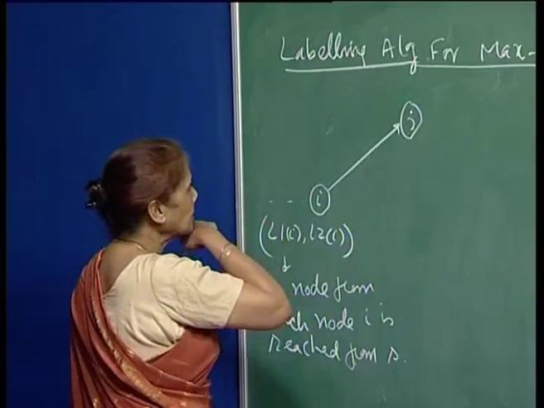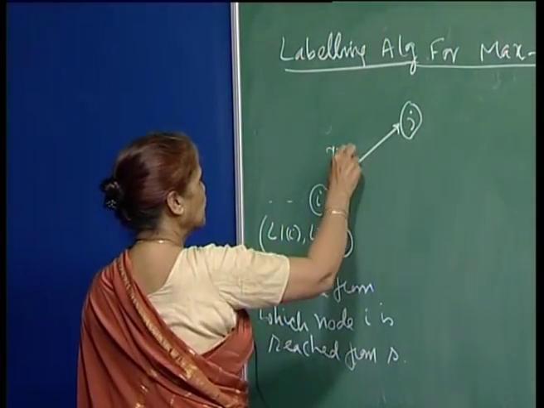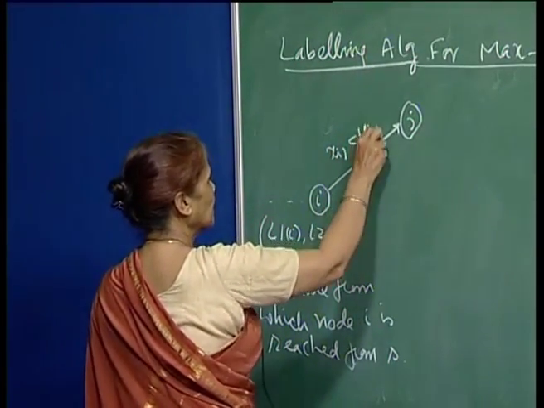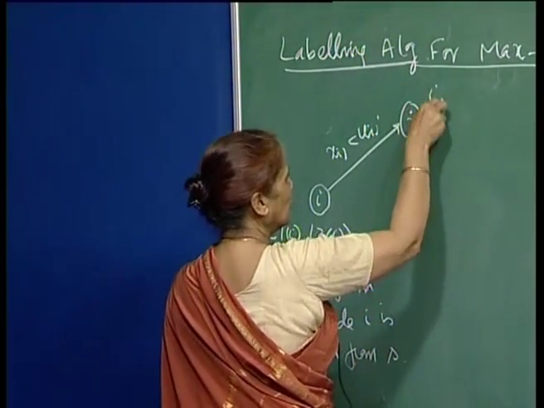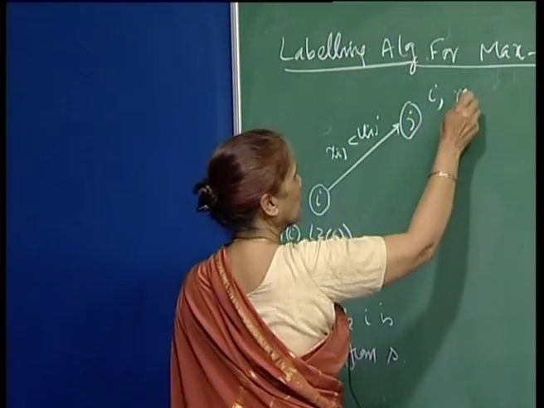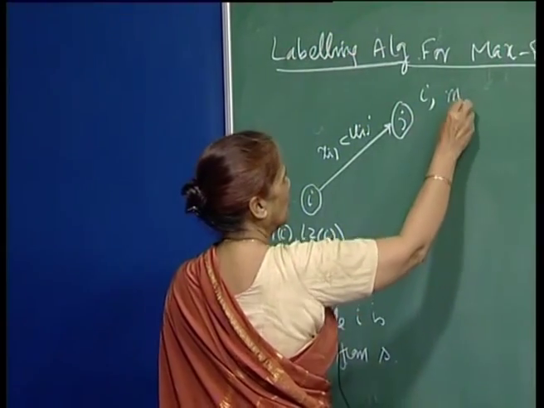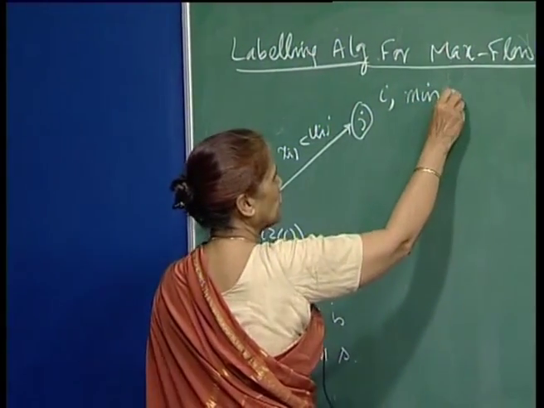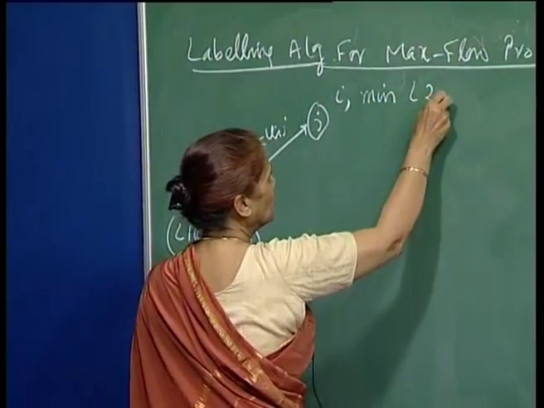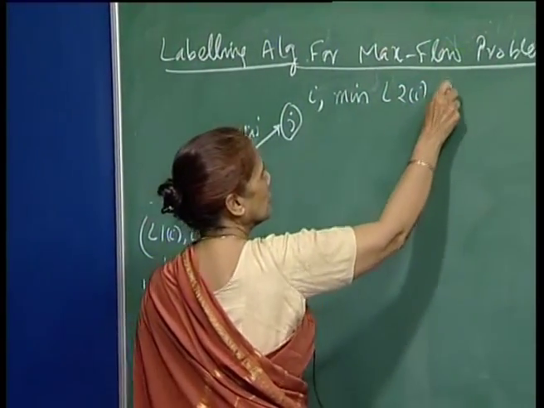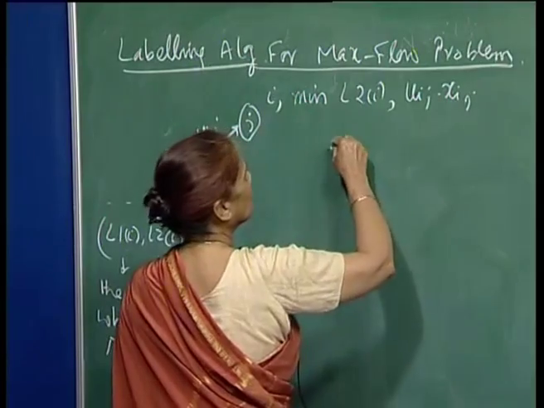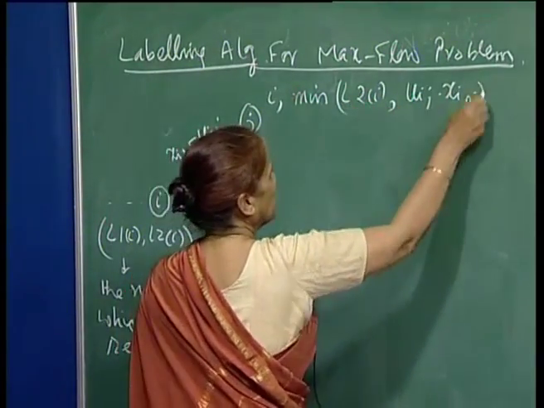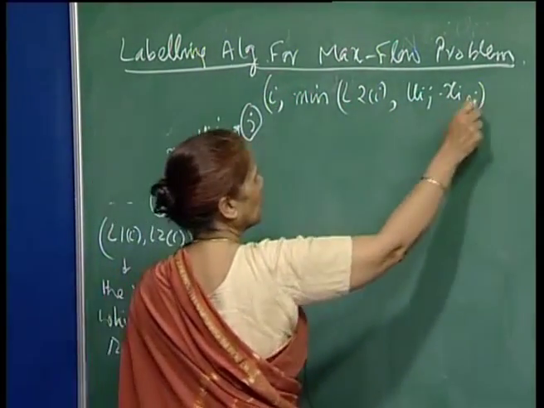Now, if xij is less than uij, then I will label this as I, and the second label will be the minimum of L2I and uij minus xij. I will explain.